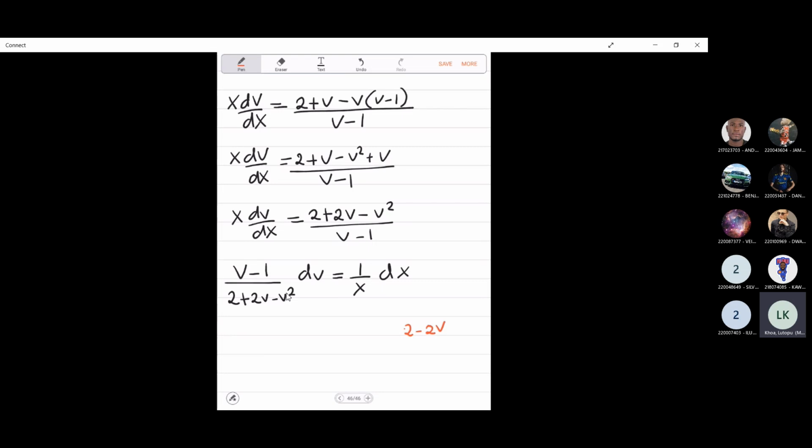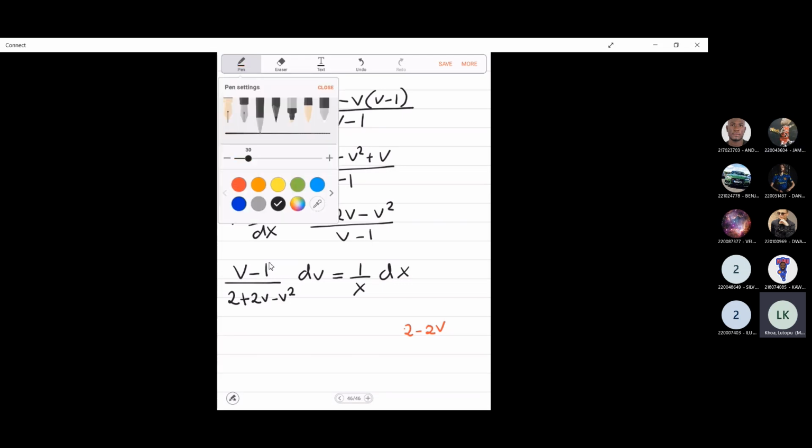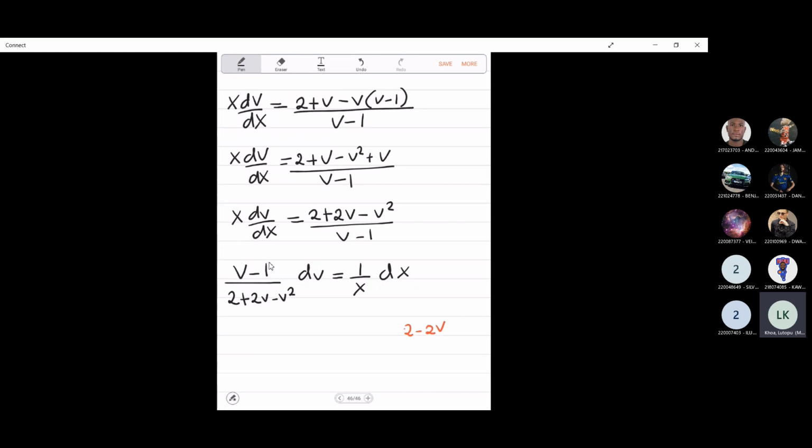So first thing is I should multiply by negative 2. Then I will have negative 2v plus 2. Okay, so we said multiply by negative 2.